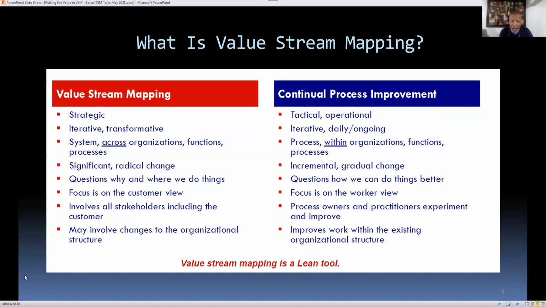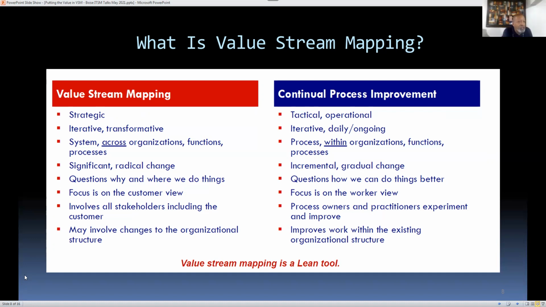So anybody that understands this whole concept of continual improvement knows that there could be simple improvements, there could be medium improvements, there could be improvements that are really complex. And I would suggest to you that some of those improvements that you might attack, it might make sense to leverage value stream mapping to make that happen.